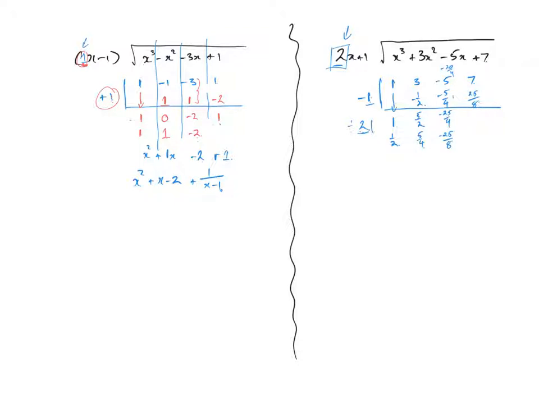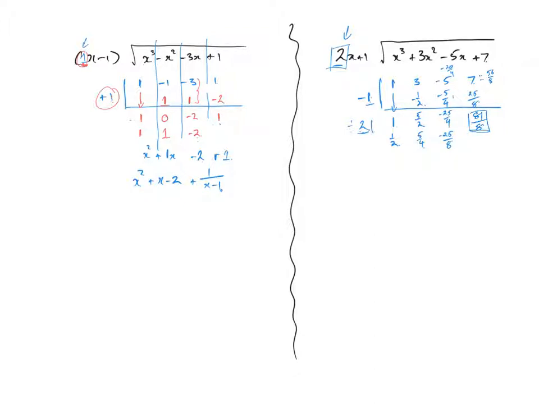Okay. So then I add those together. So 7 is the same as 56 on 8. 56 on 8 plus 25 on 8 is equal to 81 on 8. So again, here are my terms.